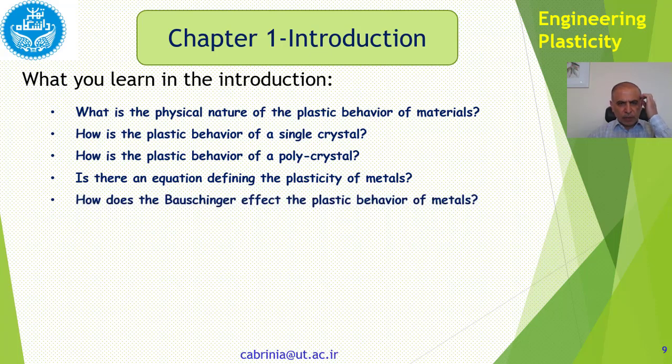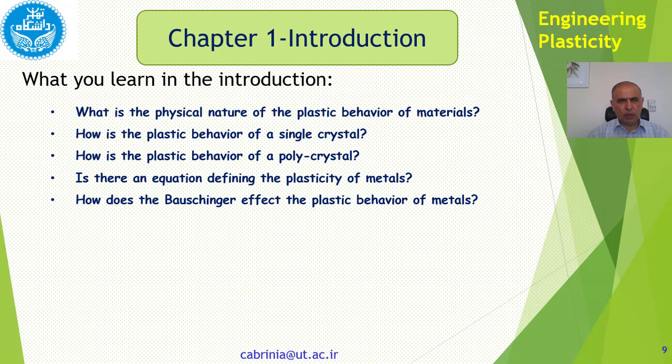How does the Bauschinger effect influence the plastic behavior of metals? The Bauschinger effect is an effect that happens when we deform metals plastically.